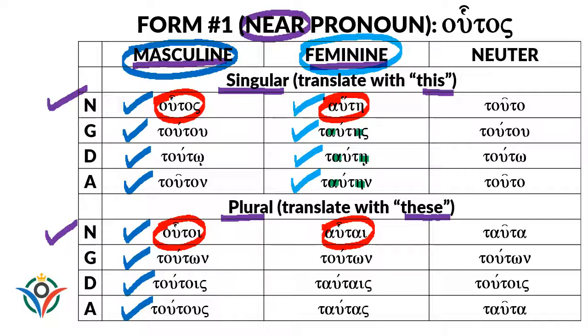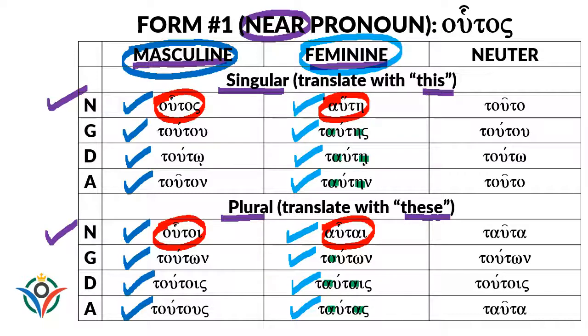Then the plural forms, the nominative is hautai, genitive, toutōn, dative, tautais, and accusative, tautas. All right, so there you will see the genitive plural has the omicron in it, which is irregular in the feminine gender because the consistent letter there is the alpha. And in this case, the reason is because we have omega in the endings.